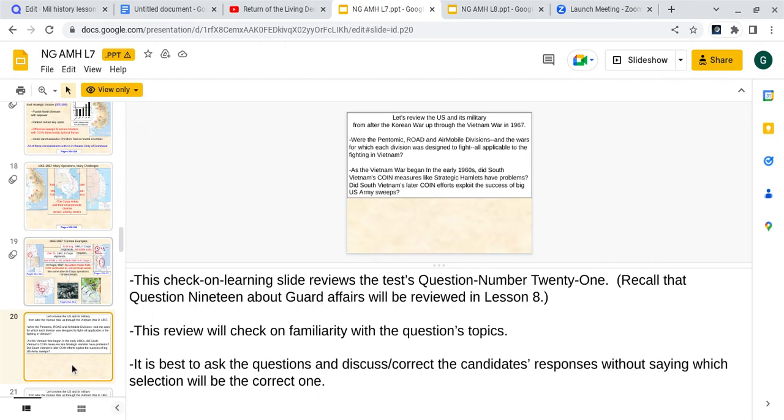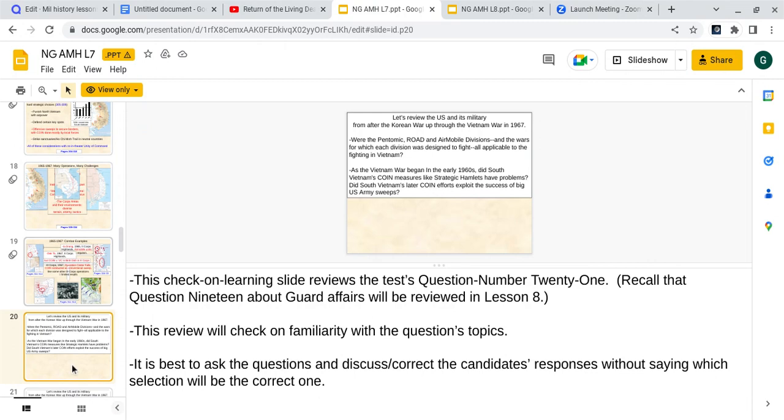Road and air mobile divisions were very applicable to Vietnam. However, Pentomic was not. Pentomic was not sustainable. It was only applicable to nuclear war, and even for nuclear war, it wasn't really a good plan, so they scrapped it. So Pentomic was not applicable to Vietnam.